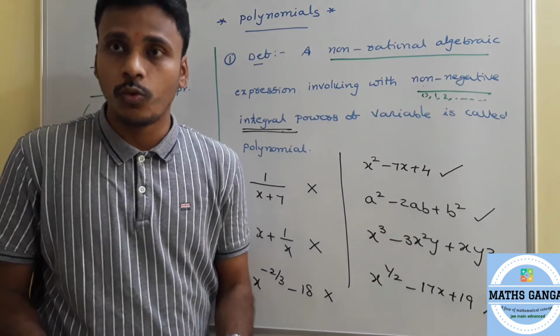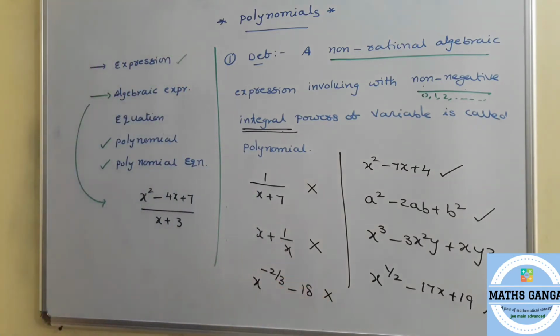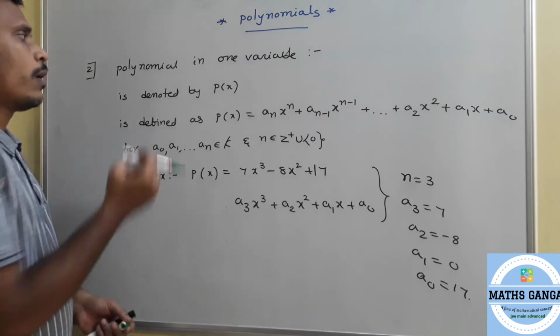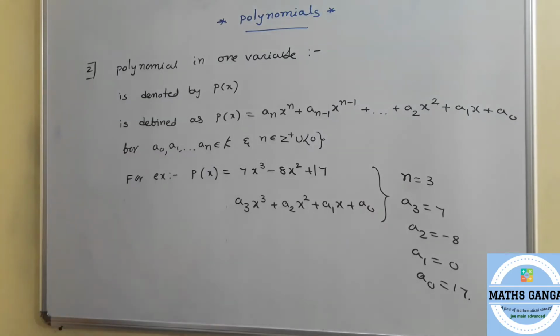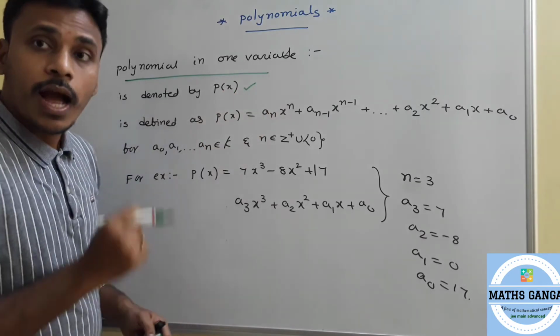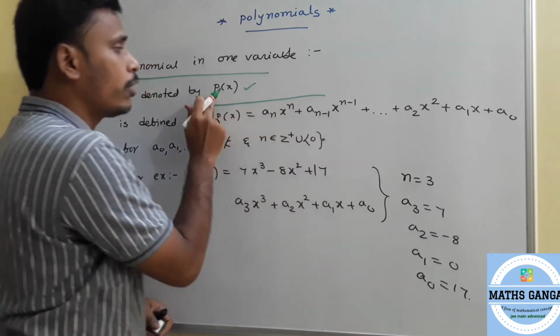Now I am going to give you polynomials in one variable. I am going to concentrate on polynomials in one variable. A polynomial in one variable is usually denoted by p of x.